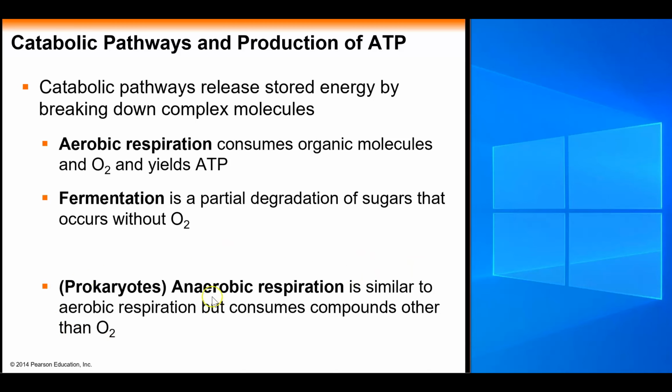This is a process that's called anaerobic respiration. Anaerobic meaning without oxygen. So anaerobic respiration is nearly an identical process to aerobic respiration, except instead of using oxygen to help drive this process, these prokaryotic organisms are going to use and consume some other compounds in place of the oxygen to help create that ATP.